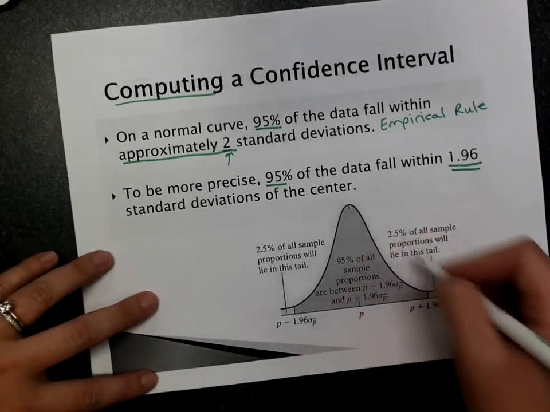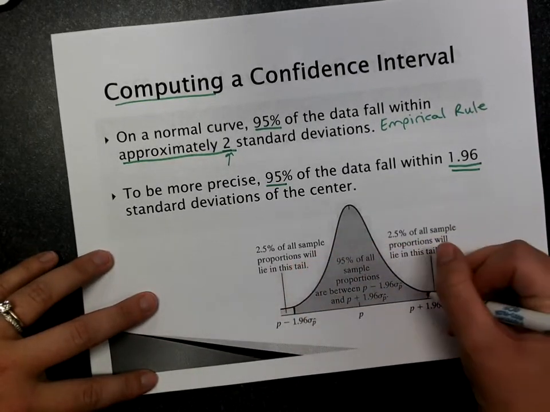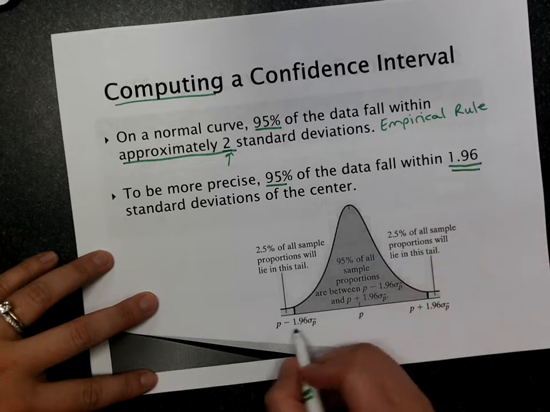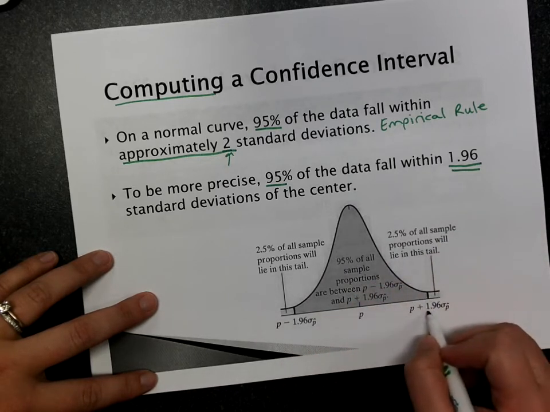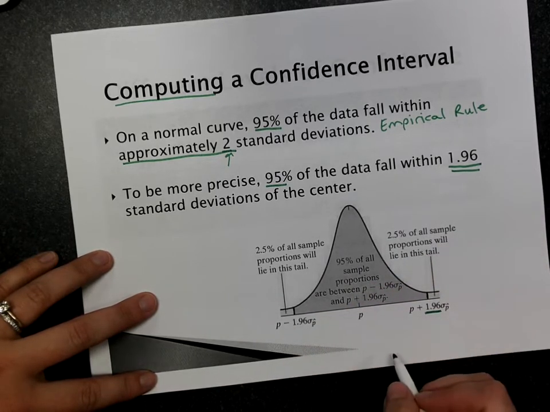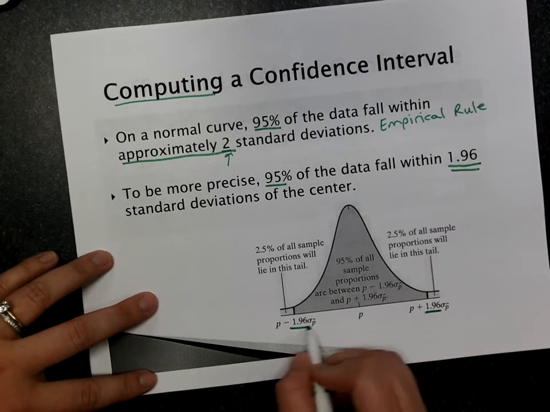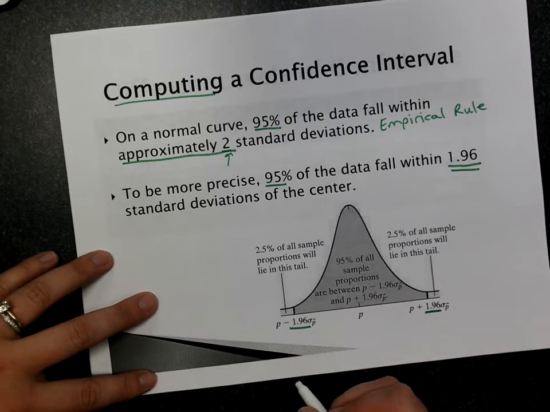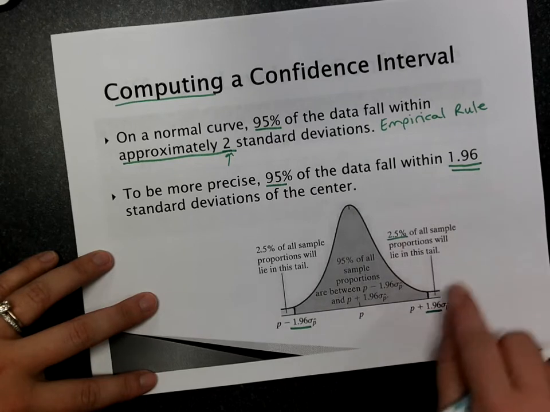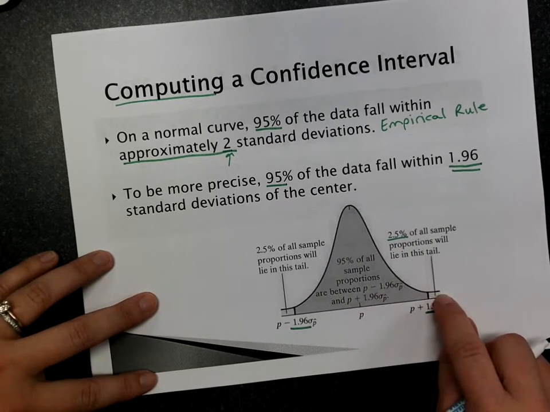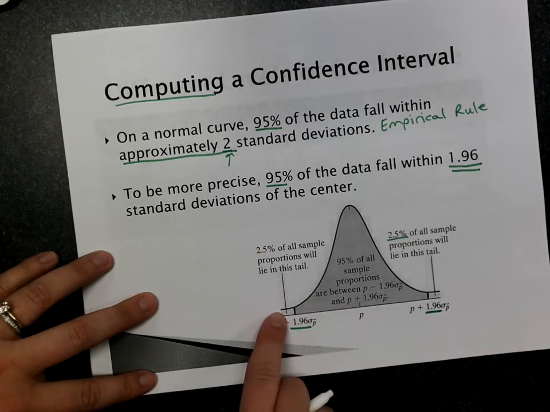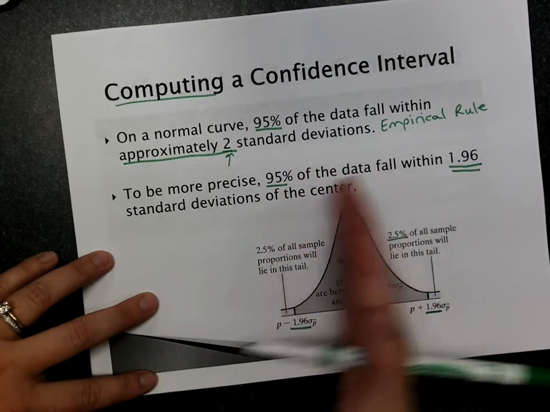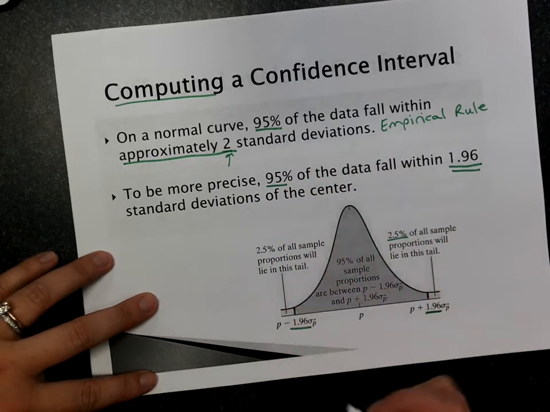So if we have our bell curve, we know that 95% of our data fall in this range. It's exactly 1.96 standard deviations above the mean and 1.96 standard deviations below the mean. That leaves 2.5% outside the range up top and 2.5% outside the range on the bottom. So 95% is in the middle. We have 2.5 up top and 2.5 on the bottom.